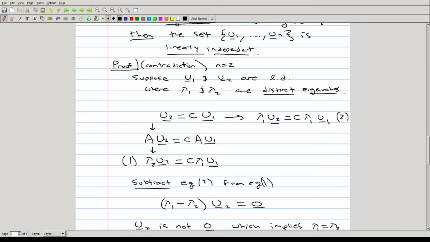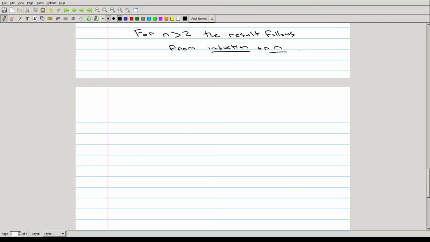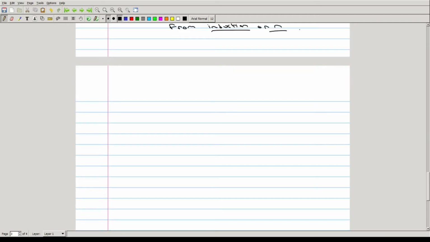But so, armed with this theorem now, we have that if we have distinct eigenvalues for a constant coefficient first order linear system, we have the direct form for the fundamental solutions matrix, or the fundamental solution set.